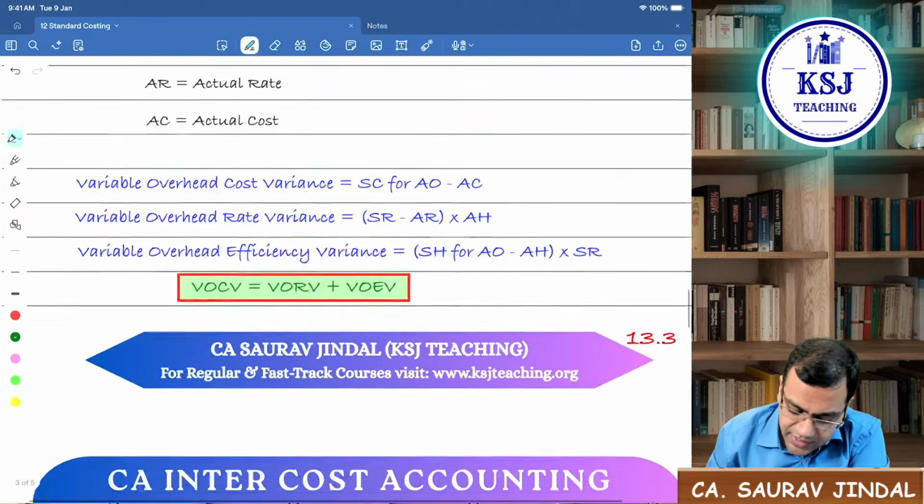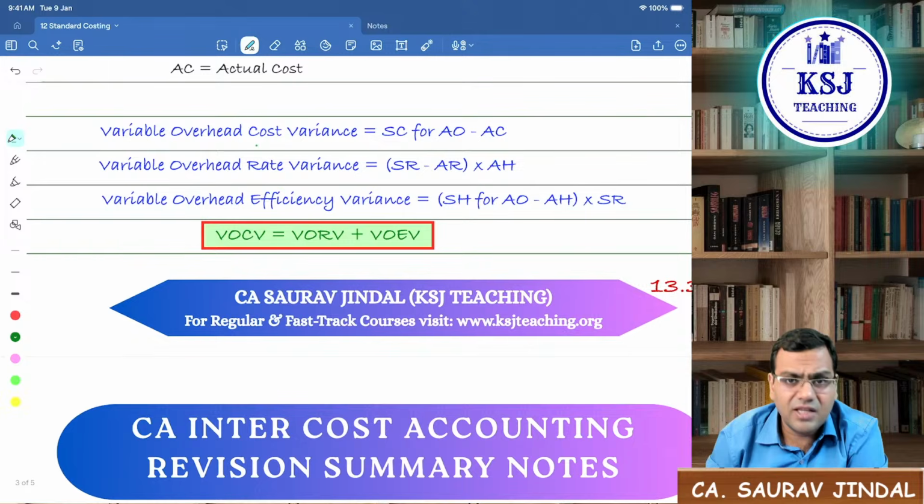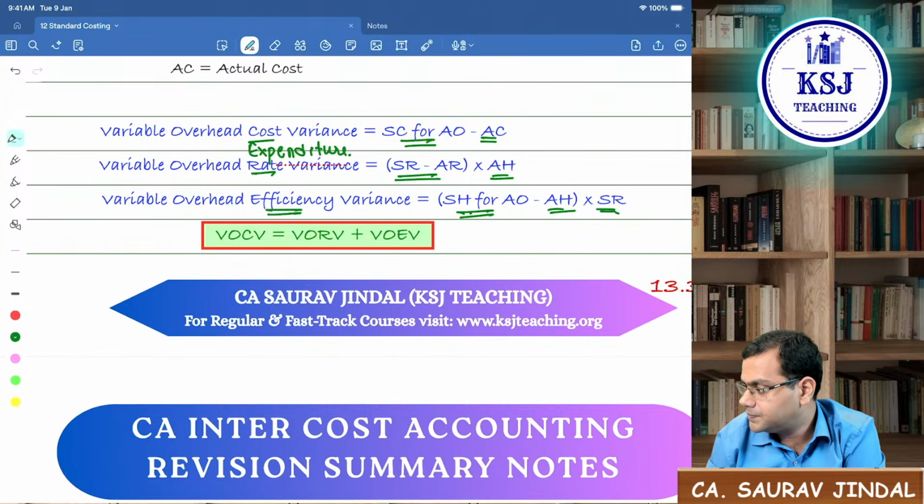Clear? So in case of variable overhead cost variance, there are three only: cost variance, rate, and efficiency variance. Instead of rate, we also use the word expenditure variance. So the cost variance is standard cost for actual output minus actual cost. The rate variance is standard rate minus actual rate into actual hours, and efficiency is standard hours for actual output minus actual hours into standard rate.